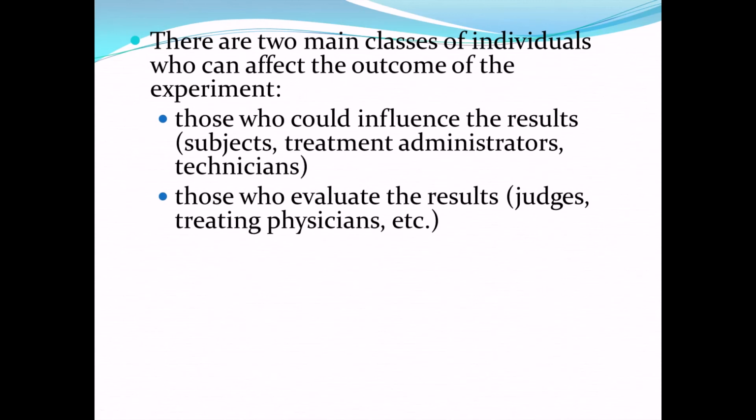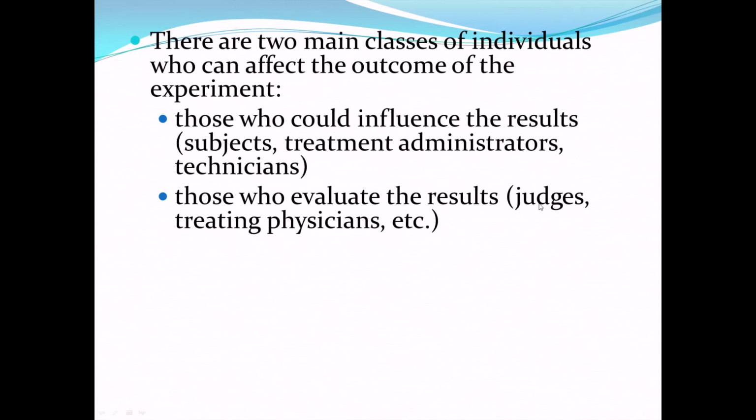There are those people that are either the subjects or directly involved with them. Think about people that bring them the medicine, or people that take their blood pressure, or people who fill out charts, or people who sweep the floors. Anybody who is in contact with them should have no knowledge of what kind of treatment these individuals are getting. The second tier is going to be those who are evaluating the results.